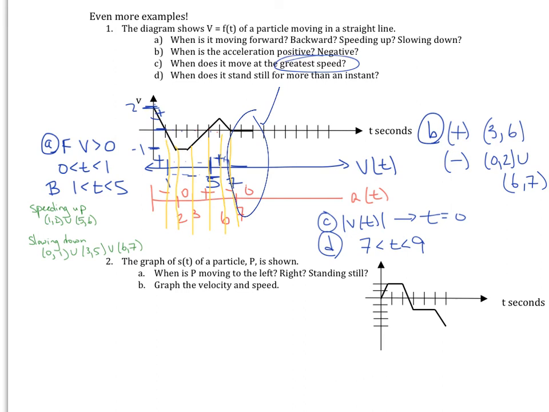One thing I just noticed, I said between 0 and 1 we are moving forward because the velocity is above the axis. I forgot to add in also, look right here, above the axis between 5 and 7, 5 less than t less than 7. So those are the spots where it is moving forward.